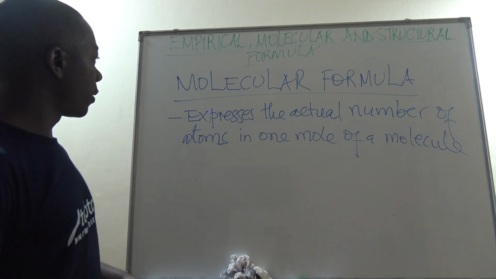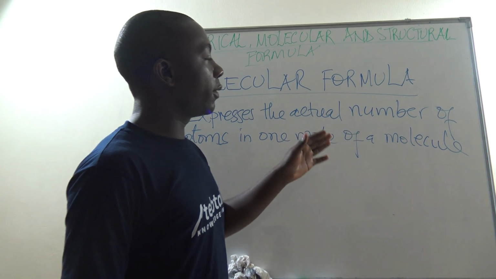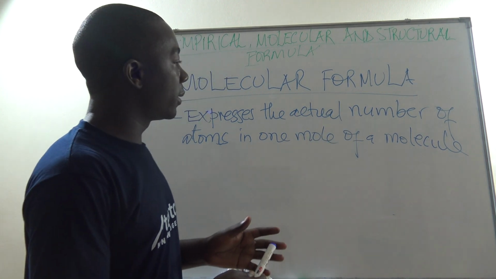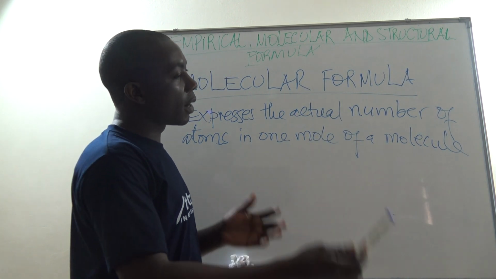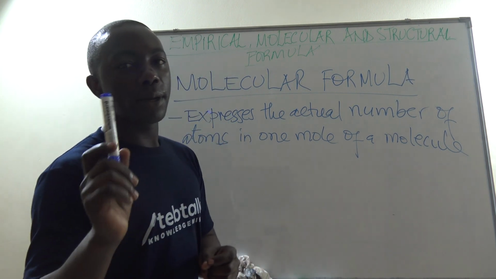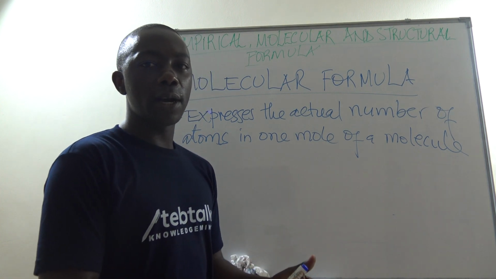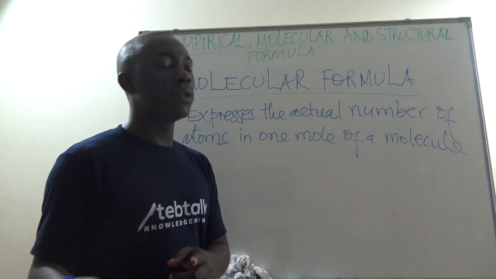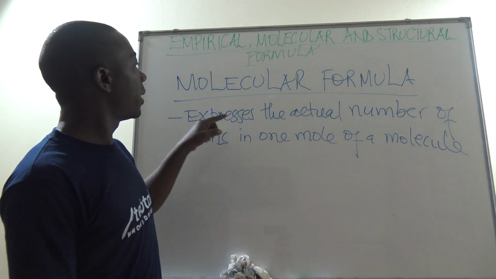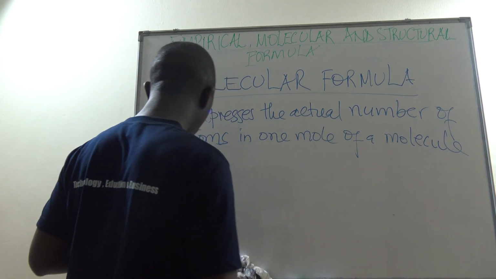We are saying that molecular formula simply expresses the actual number. If 1 mole of a compound is a hydrocarbon, then I should have carbon, I should also have hydrogen. But how many carbons do I have? How many hydrogens do I have? That defines molecular formula. Take an example.